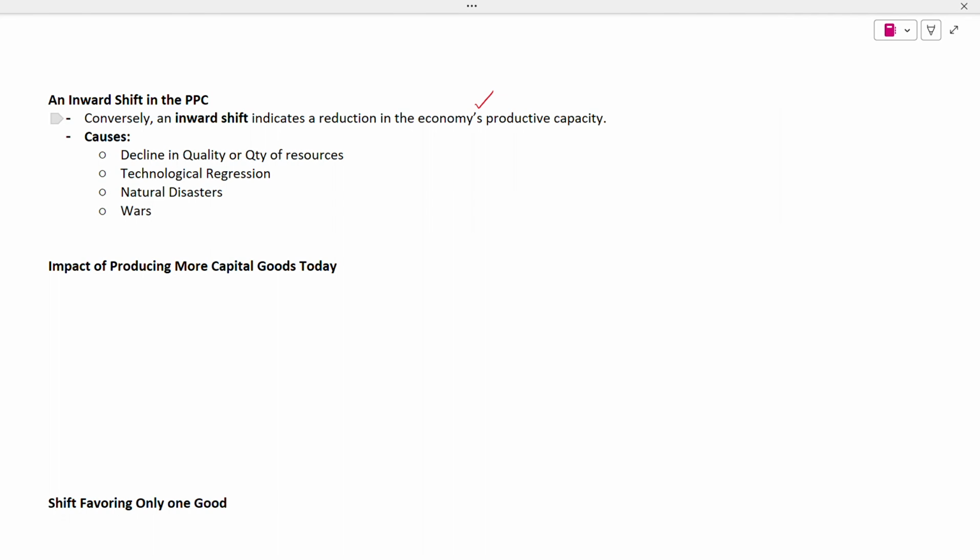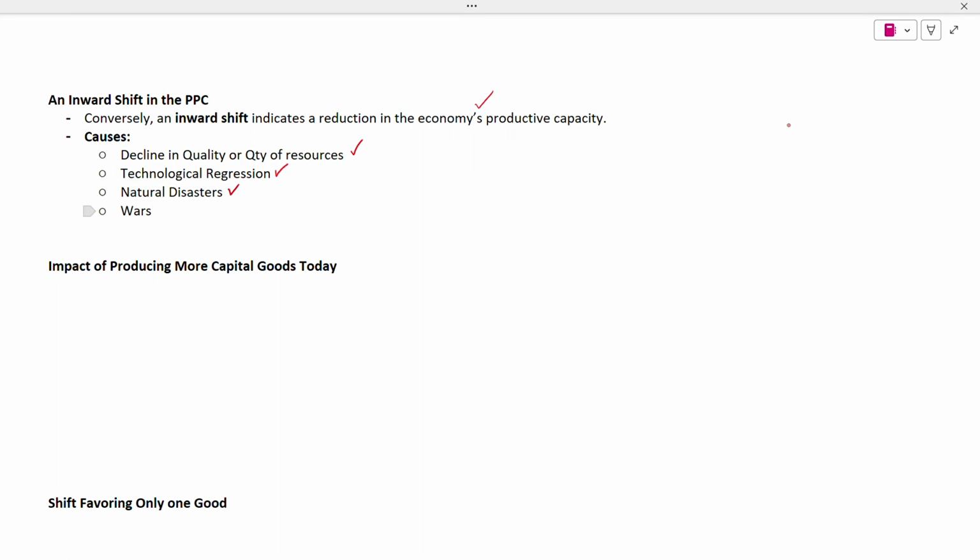And this is due to some factors, which are a decline in quantity and quality of resources, a technological regression, meaning that your technology is becoming outdated and your equipment is not up to the mark, and your equipment is becoming obsolete due to wear and tear. In addition to that, natural disasters such as earthquakes, drought, and famine also reduce your productive potential, and lead to an inward shift in the PPC.